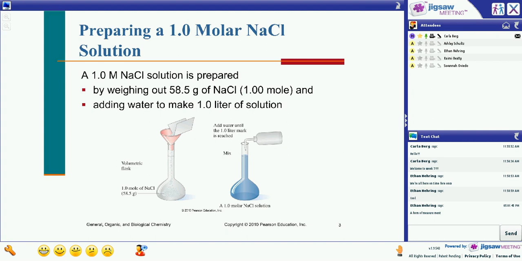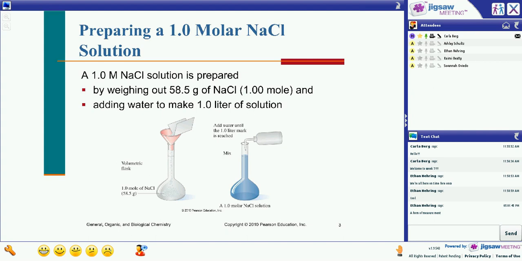So for example, if I told you I need a 1 molar solution of sodium chloride, you would figure out that you would need 58.5 grams of sodium chloride, which is 1 mole. That's a given. That's a number that I would give you. And then you add water to it to make 1.0 liter of solution.